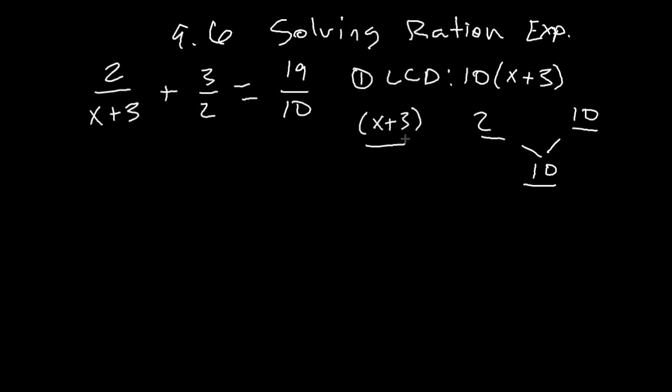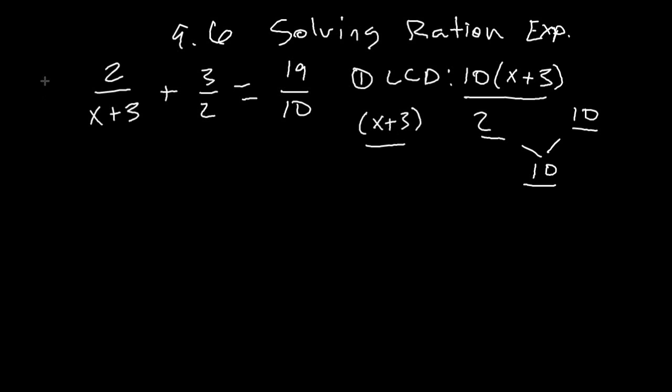Okay? So, last week we would change each denominator to 10 times x plus 3. This week, however, we're going to do it a little bit differently. We're going to take our LCD and multiply it by every term in here, to kind of cancel our denominators. So, let's rewrite it.